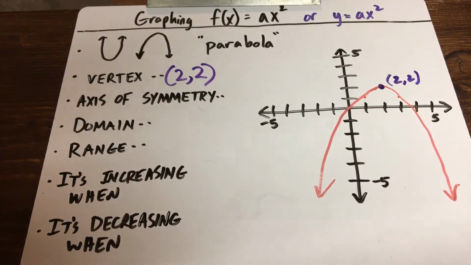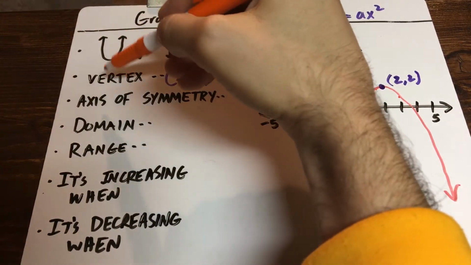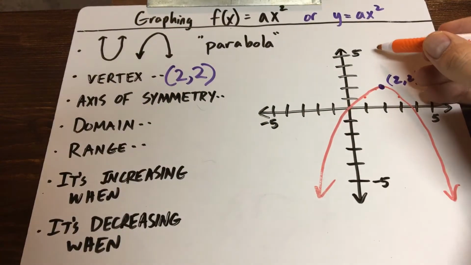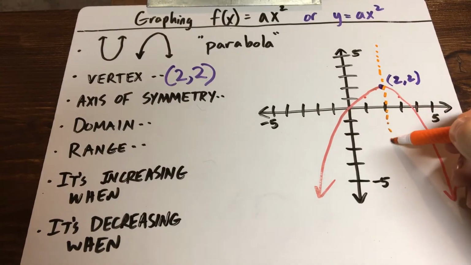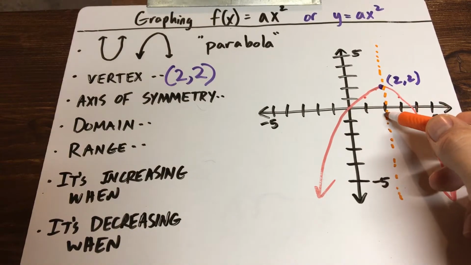The axis of symmetry is very similar to what you did in elementary school math, where they would have you draw that dotted line right down the middle that splits it symmetrically. And so the axis of symmetry on this one would be right down through the vertex. The axis of symmetry always goes through the vertex, and this line is right at 2 on the x-axis, right?